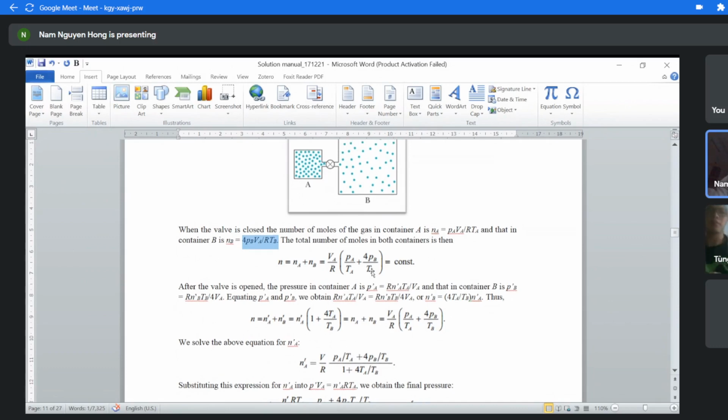Then after the valve is open, we will have a different pressure and different number of moles in both container A and container B. All the other parameters remain unchanged, I mean, right?